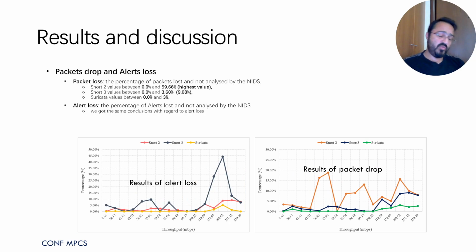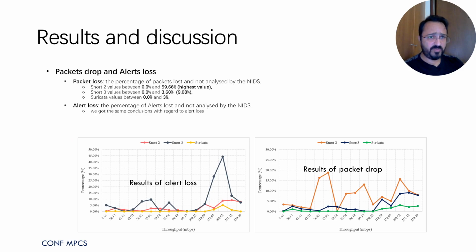And here we are at the most, let's say, interesting results. As you can see, Snort 2, after reaching a number of 110, you could see a packet loss of 60%. Instead of Snort 3, which was between 0 and 3.6%.